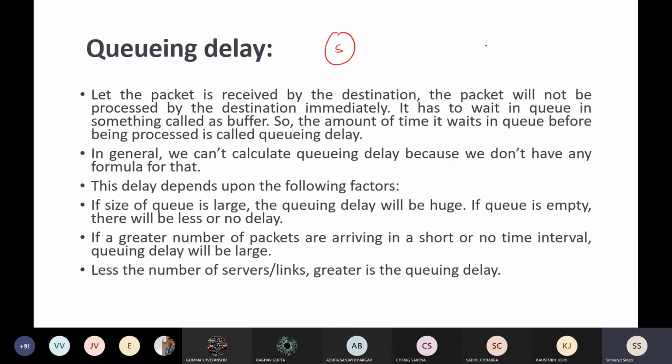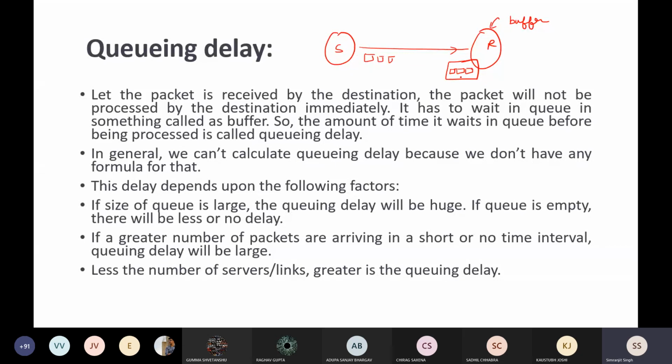Suppose this is your sender and this is your receiver. Suppose you have sent different packets from sender to a receiver. Now the receiver received a packet. The receiver will always have some kind of a buffer, keep in mind, because it tries to store the packets that it is receiving from the sender.